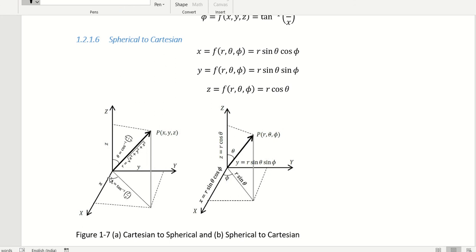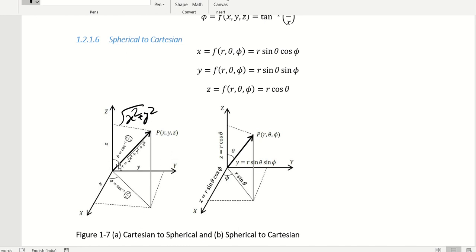If you see x square plus y square, this line is root under x square plus y square. Now if you see this and this, this is also making a right angle triangle. So r will be the square root of x square plus y square plus z square. So this is how you find r.